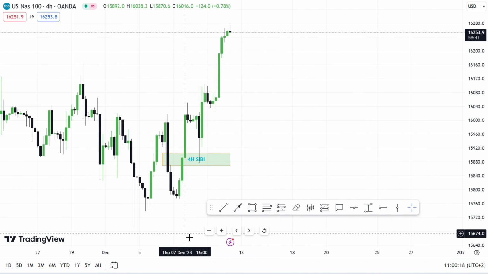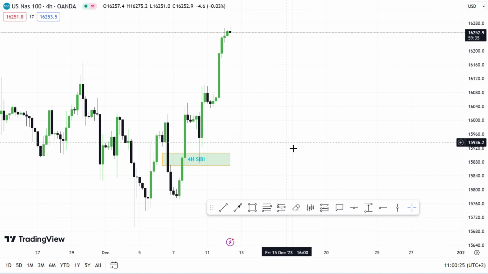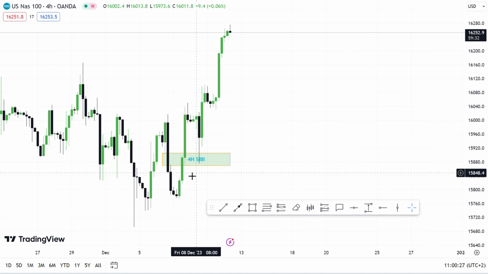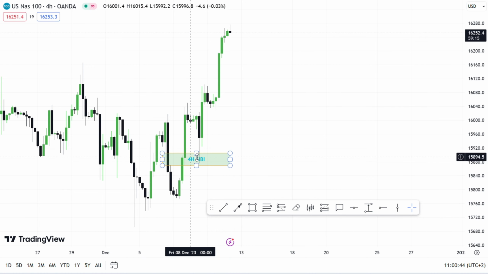When we came back like this, at this area, a person would have wanted to sell, but you wouldn't have taken that sell. You know why this sell here was not valid? Because we did not break the low. This low was not taken for us to come back and say we are using this to go to lower prices. If this had passed this low and came back into this area, we would have taken this low and used this SIBI and went lower.